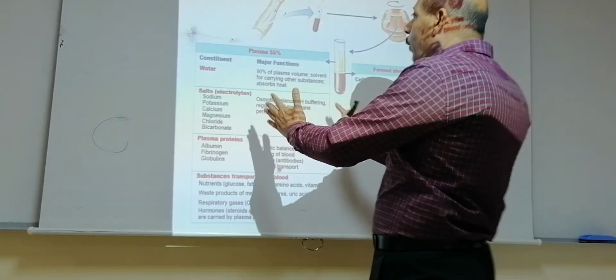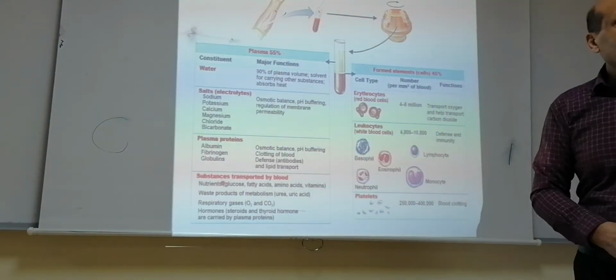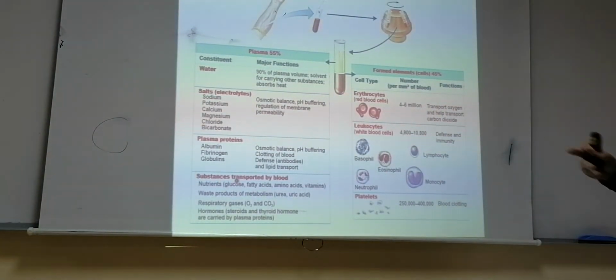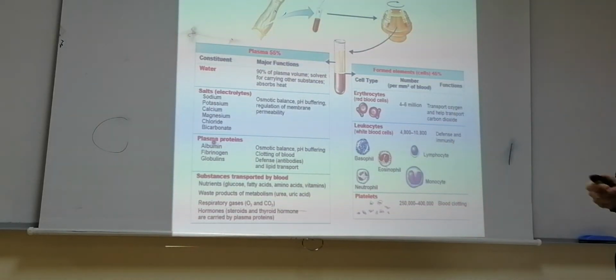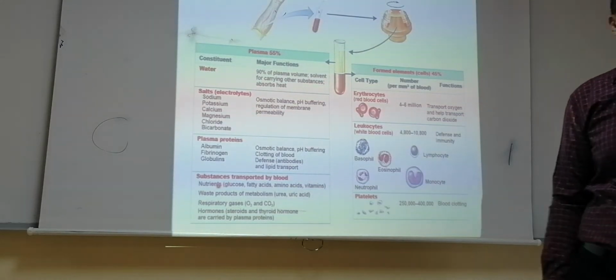So this is the liquid part that we measure. The second part is the cells, or the formed elements of the cells, and we said that it is around 45% of the whole blood.